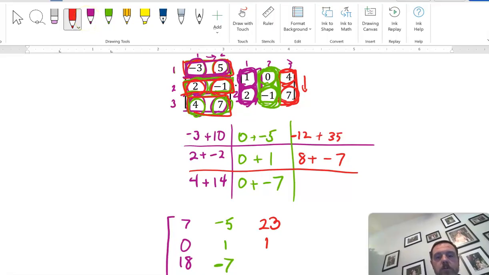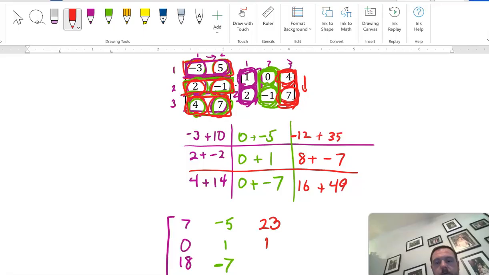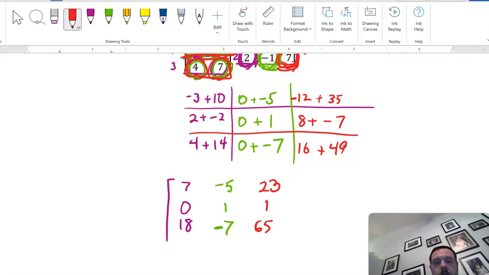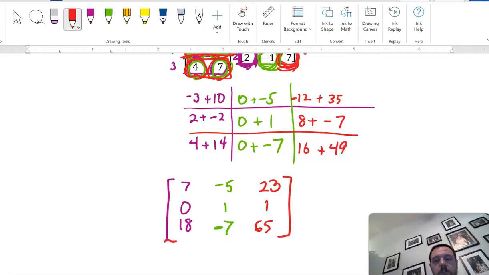Sticking with the bottom row, last column. 4 times 4 is 16. 7 times 7 is 49. What is 16 plus 49? Well, 10 plus 40 is 50, plus 15 is 65. There we go, 65. That should complete my matrix, a 3 by 3.